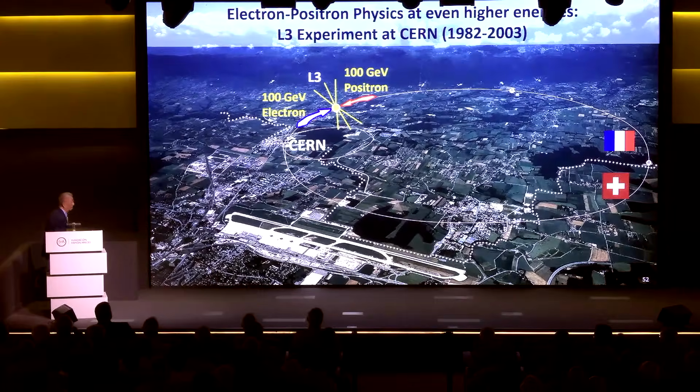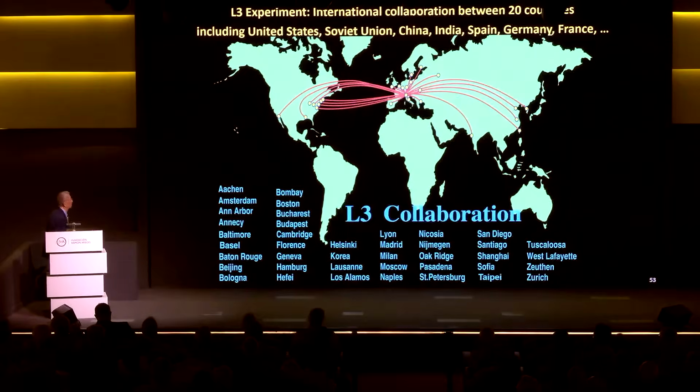And then we continued the collaboration with CERN, at 100 GeV positron-electron collision, and this experiment lasted for 20 years. This indeed is a large international collaboration involving the United States, Soviet Union, China, India, Spain, Germany, France, and so forth.